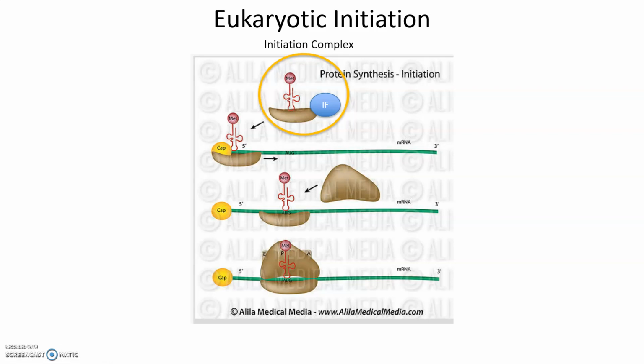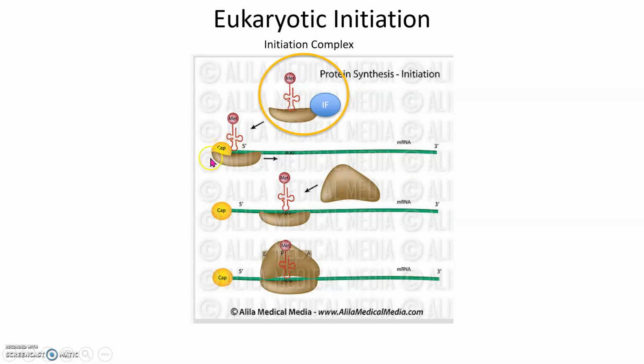We don't have a Shine-Dalgarno. Instead, we have a Kozak sequence that contains our start site. And so initiation factors help the initiator tRNA to bind to the subunit. We are going to recognize the cap. Remember, one purpose of the cap was to help initiate translation.